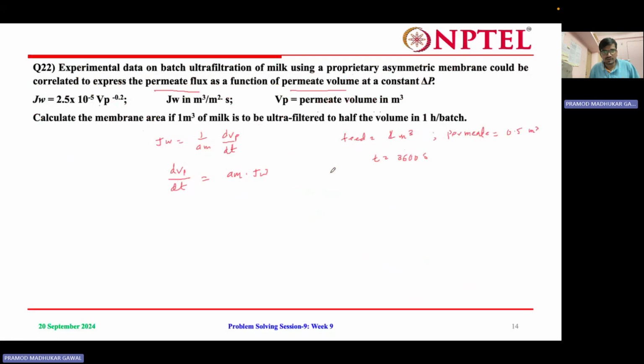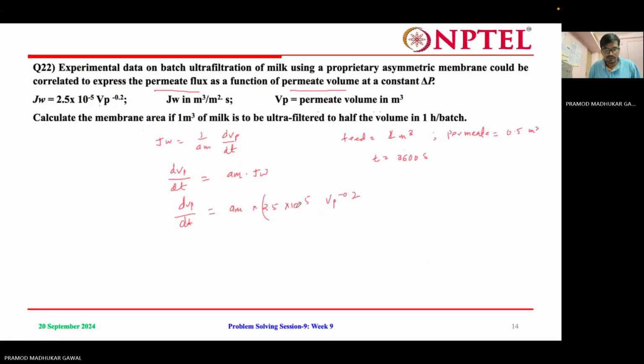Now put this relation into the equation. So dVp by dt equals AM times 2.5 times 10 to the power minus 5 Vp to the power minus 0.2.